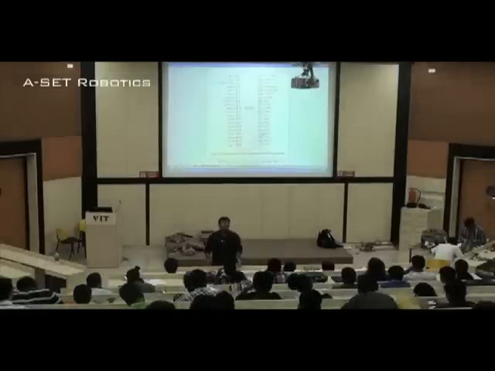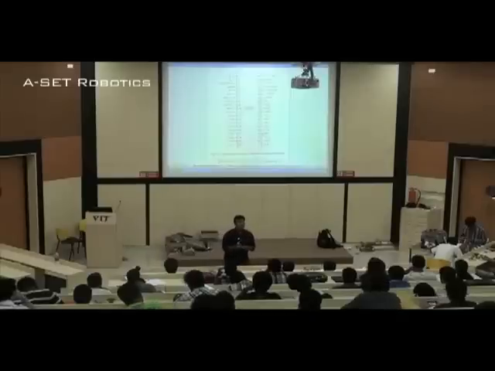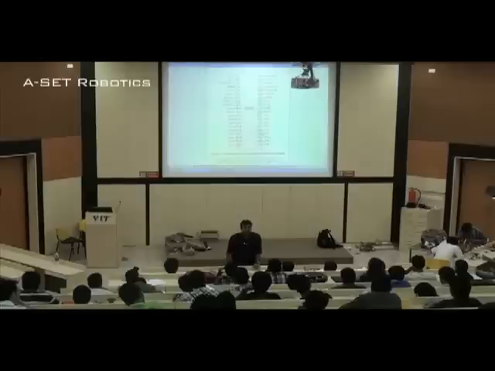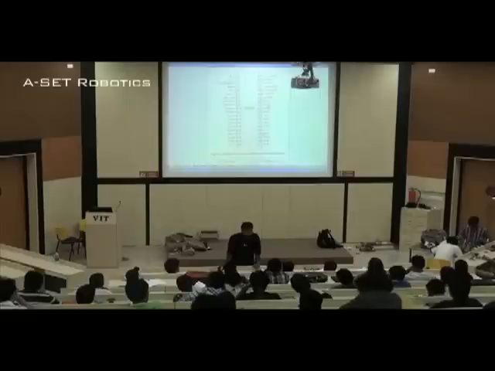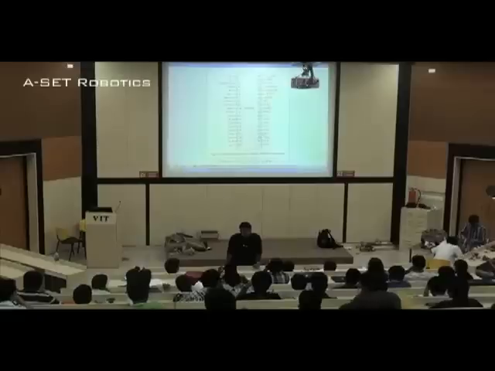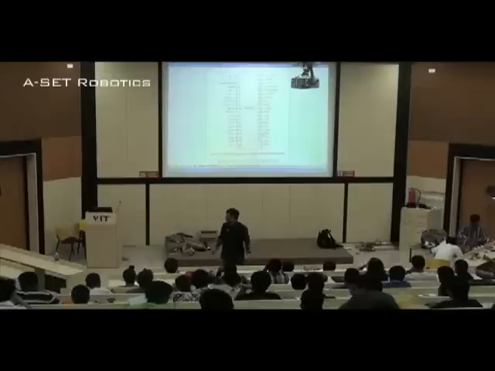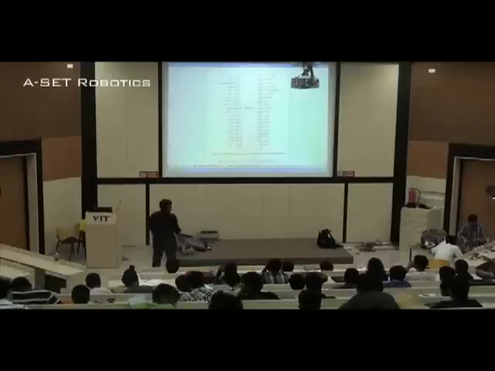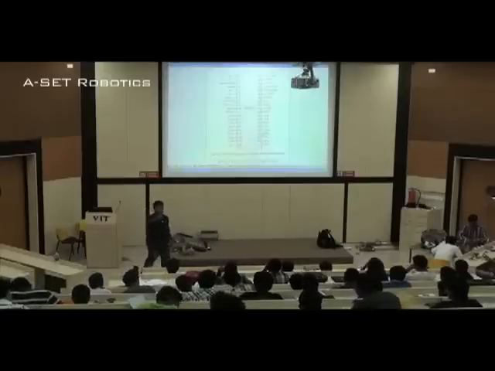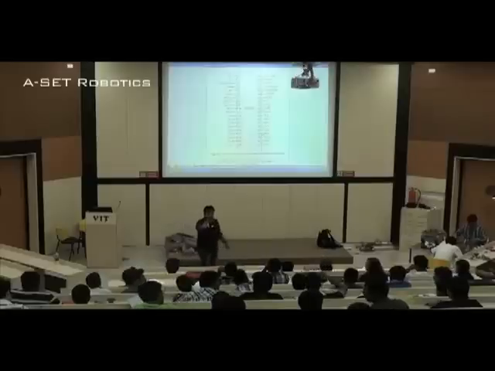So tell me one thing, how many bits would the address bus consist of? 16. And data bus? 8. And control bus? You don't know right now, don't worry. So, got it? Whose doubt was it? Is it clear now?